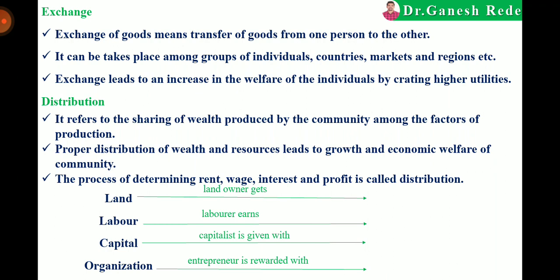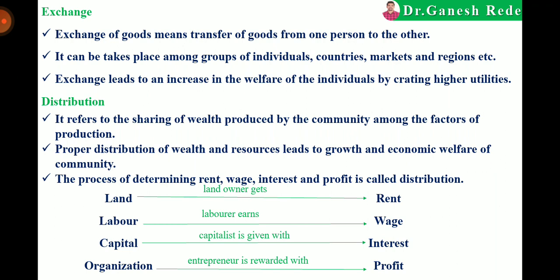For the organization, the entrepreneur is rewarded with profit. So the process of determining rent, wages, interest and profit is called distribution.